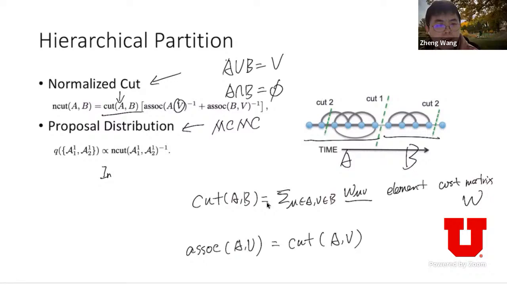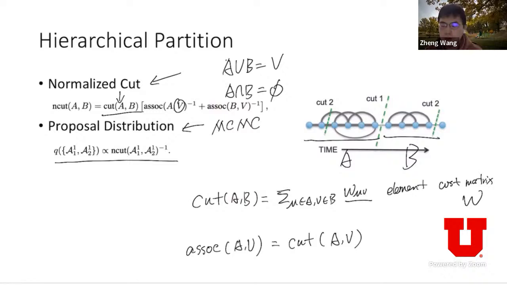They have their weights computed as the correlation, and they want to maximize or minimize the cut. I think they should maximize the cut. So the cut is just a reference for you to calculate the proposal distribution here.